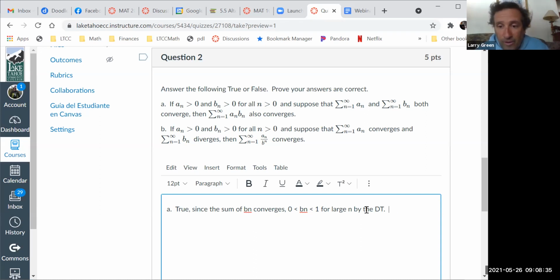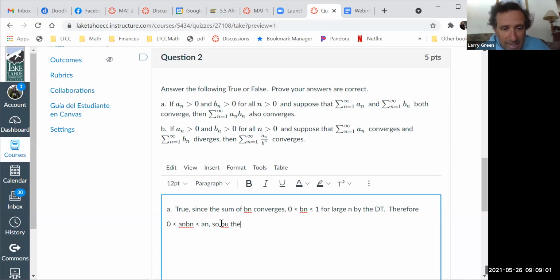So therefore, An Bn is going to be less than An. Okay, and greater than 0, by the way. Because I told you everything's greater than 0.